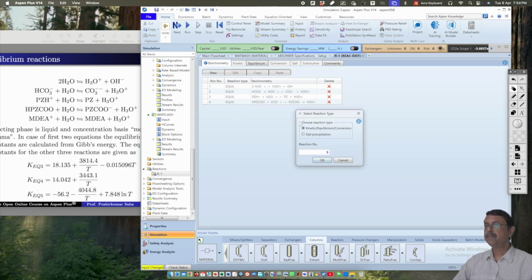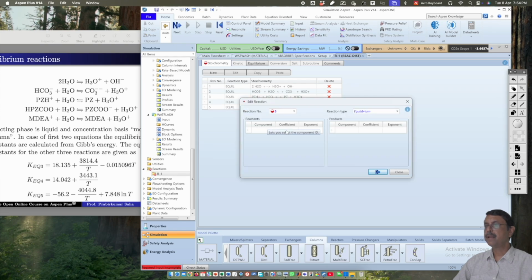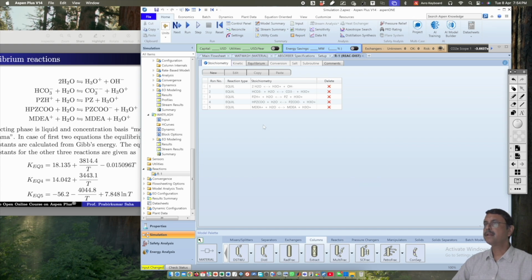And the last equilibrium reaction is MDEA plus H2O, and it is MDEA and H3O plus. So these are equilibrium reactions.